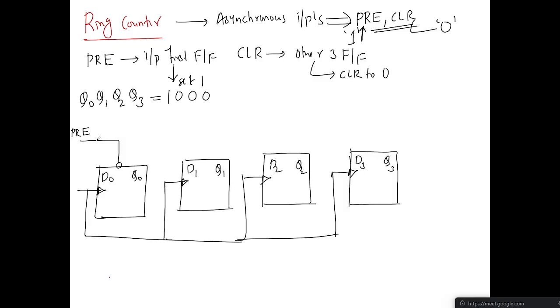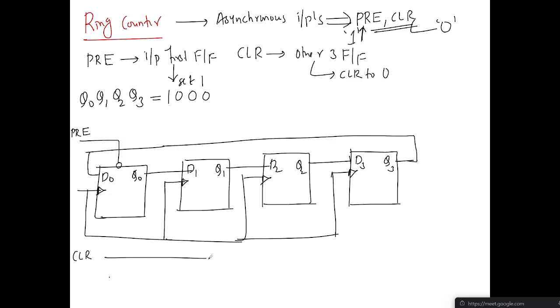Q0 is connected to D1, Q1 is connected to D2, and Q2 is connected to D3. Q3 is fed back and given to D0. And one more signal, the clear signal, is connected to the remaining three flip flops.